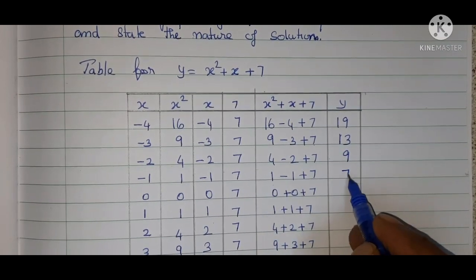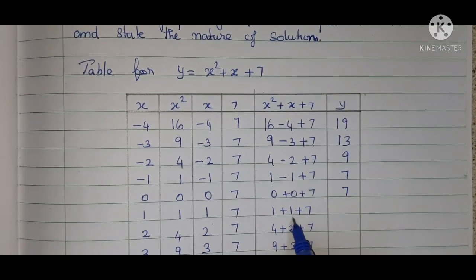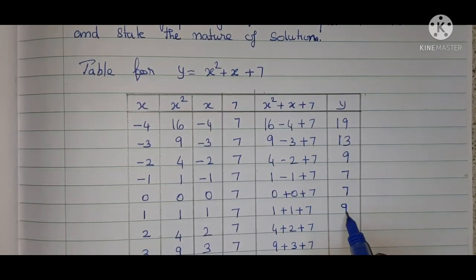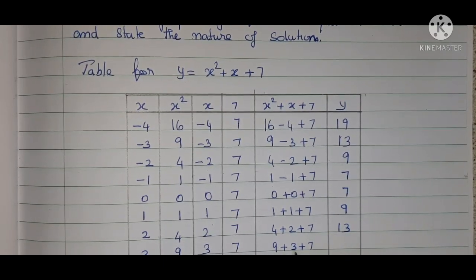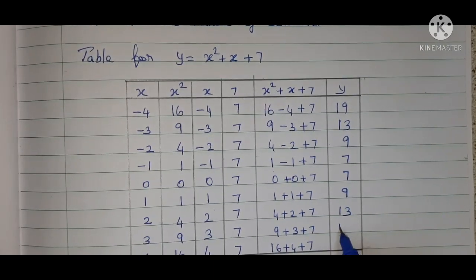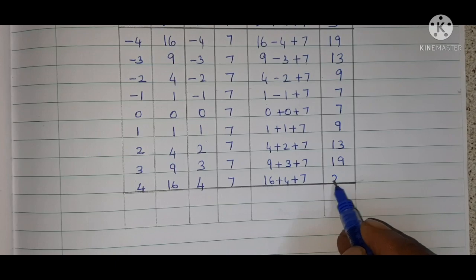Plus 7, 7. 0 plus 0 plus 7, 7. 1 plus 1 plus 7, 9. 4 plus 2 plus 7, 13. 9 plus 3 plus 7, 19. 16 plus 4 plus 7, 27.